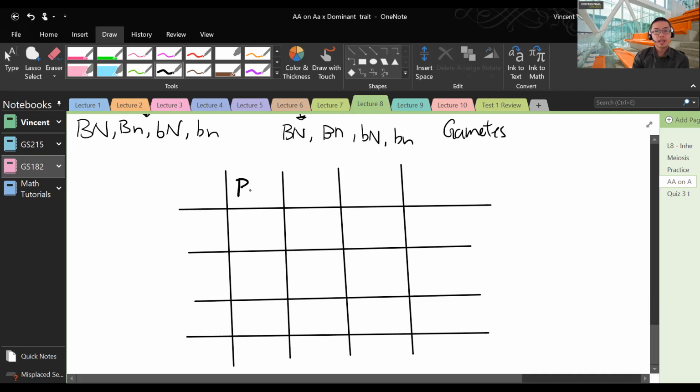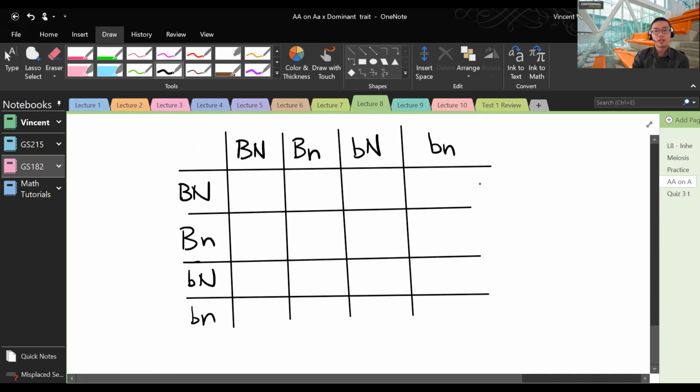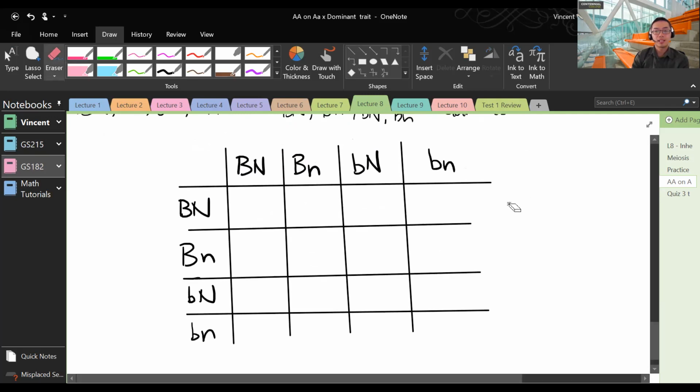All right, I'm going to put the gametes of one of them here. For those of you who already get this, I suggest you draw this out as well, because I will show you how to use this to answer questions on the test. Even if you're an expert, just write it down. We'll see how to use this on the test question.